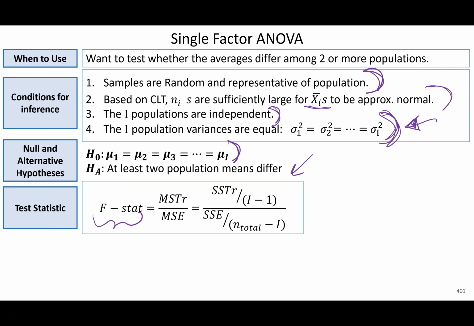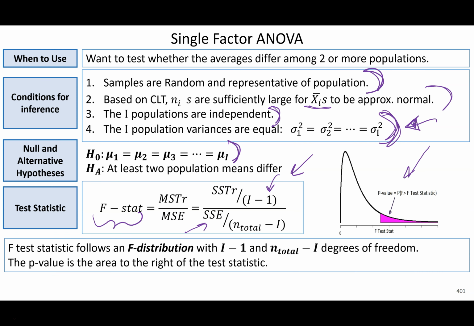An F statistic means we're going to introduce an F distribution. The way you calculate that is the mean square treatment over mean square error. That is, sum of squares treatment divided by your number of groups minus 1, over your sum of squares error divided by your total sample size minus the number of groups.